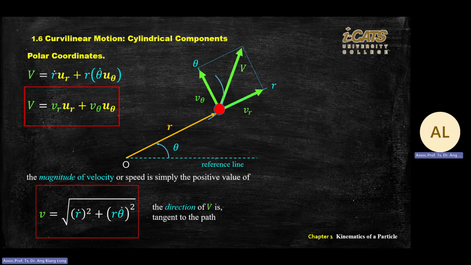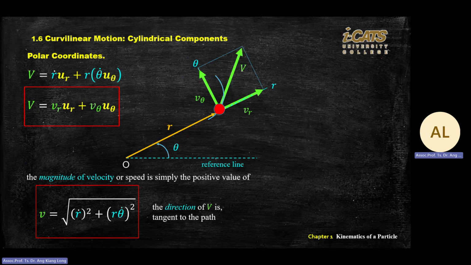So here I just compare side by side. VR you remember as R dot. R dot means position or S dot. VR means you take the R and differentiate it with time, meaning you will be given the R equation. And then V theta, the velocity: you get it from R multiplied by the angle's time differential.